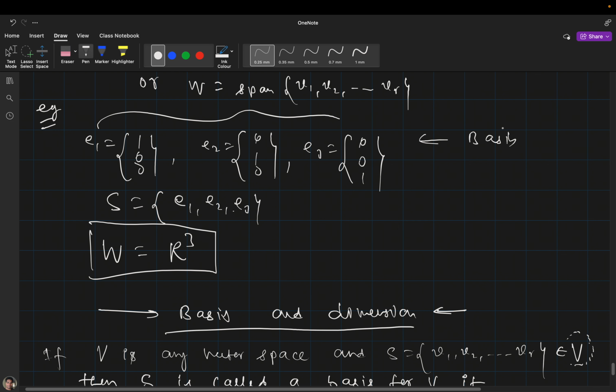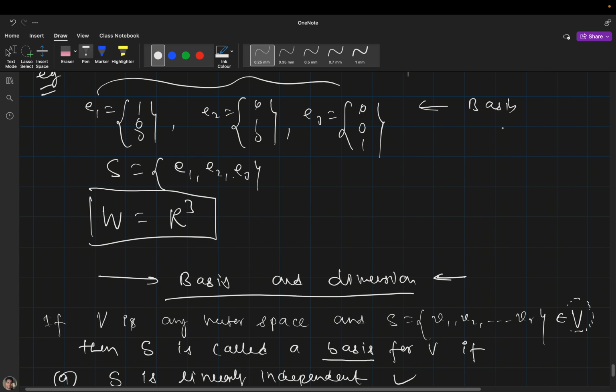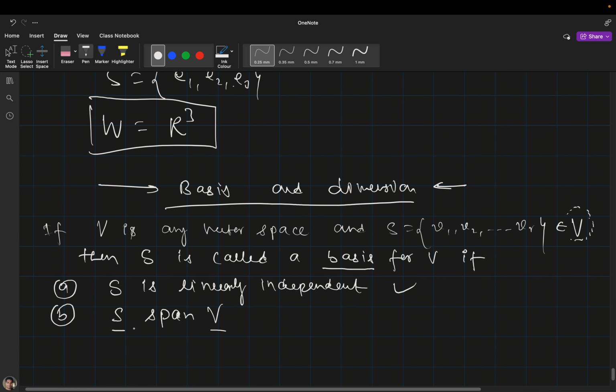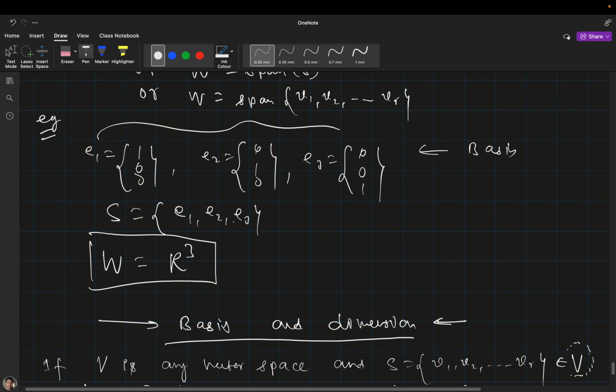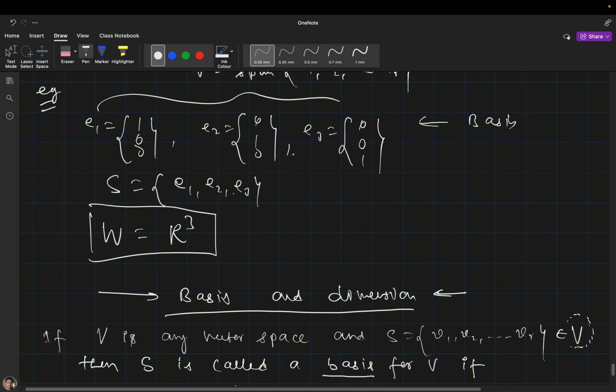This is one of the bases. I'm not saying that this is the only basis. The thing is, these three are linearly independent. That's why it is a basis. Now the second condition, it is saying S must span V. Take all the linear combinations of these three and that should span V. That is also true. It's fine or not?